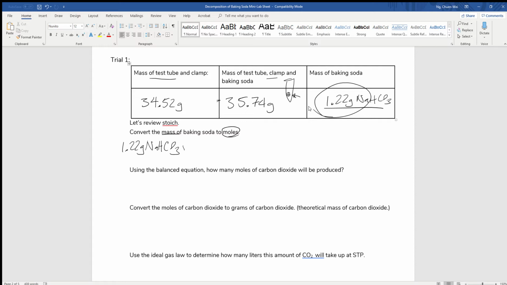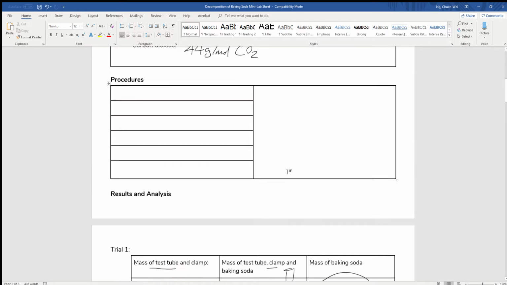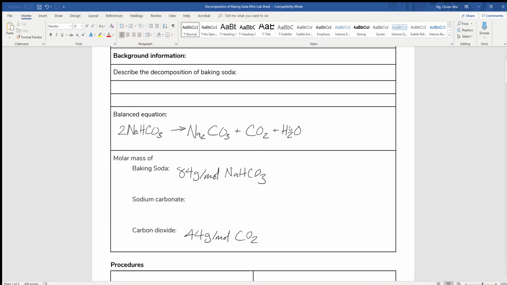If you recall your dimensional analysis, to get into moles, we put moles on top, and to get out of grams, put grams on the bottom. NaHCO3. So now we need a conversion factor, the numbers that equate grams and moles. I know that every 1 mole of baking soda is 84 grams.